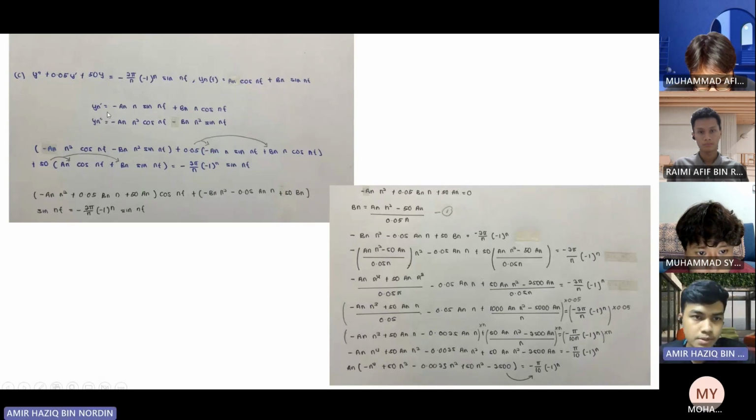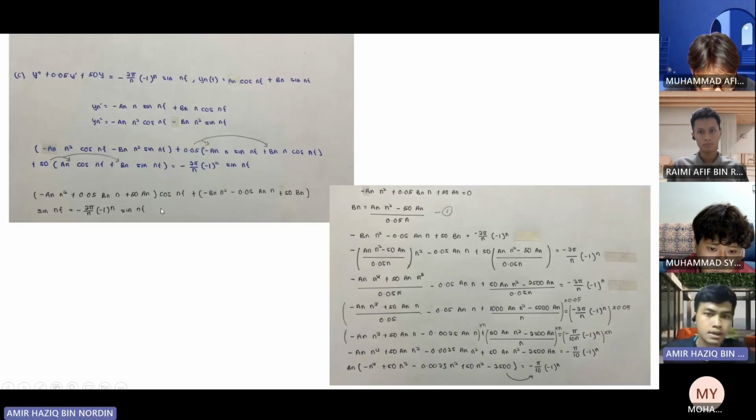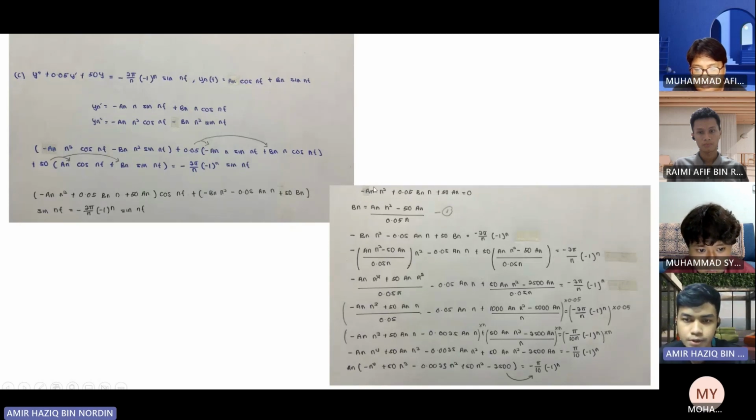From the two derivatives, we replace them into the ODE equation, and we will get something like this. Then we factorize the variables in this equation, which are cos nt and sin nt, for both the right and left hand sides. From factorizing cos nt, we get this equation, and from this equation we need to find the value of Bn.